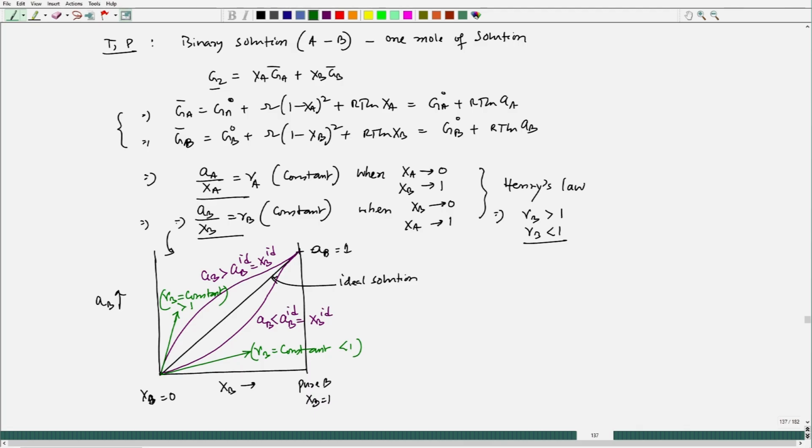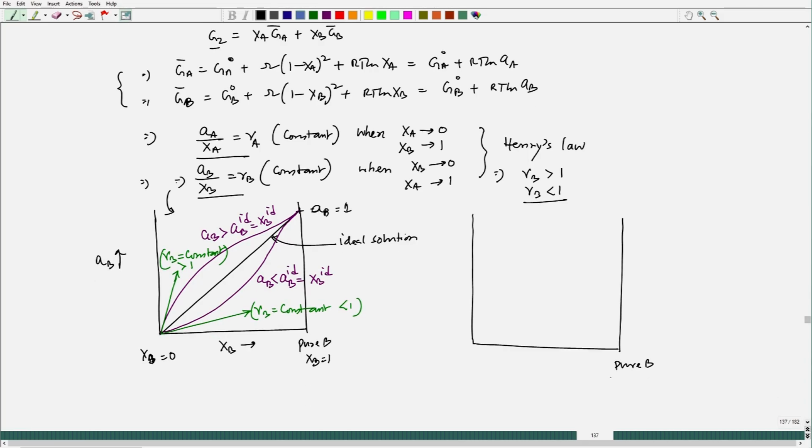Though we are considering this with respect to B, we can also do it with respect to A. To combine them together, let us say this side is pure B, which means XB equals 1, which also means XA equals 0. Now we are putting everything in perspective of XA.